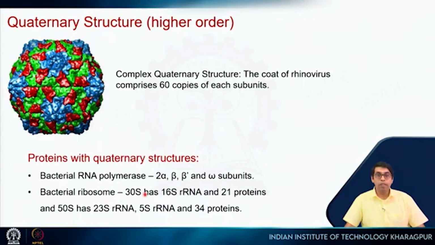The 30S consists of ribosomal RNA and 21 proteins, and the 50S of 2 ribosomal RNAs and 34 proteins. So the ribosome not only has proteins but also has RNA as its subunits.